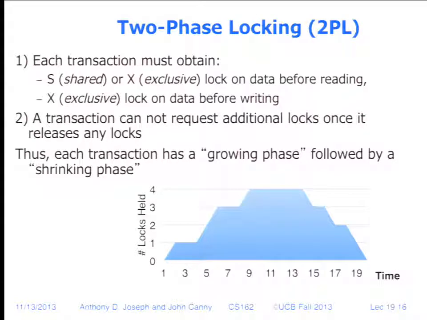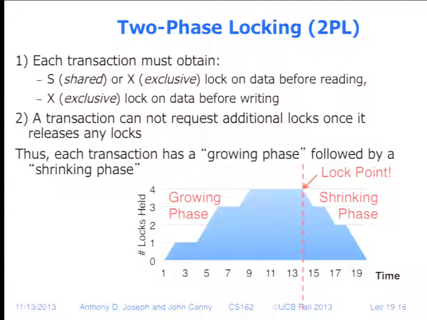It has to be going up for a time. As soon as it goes down, it has to keep going down. You can't acquire any locks once you've started releasing them. Here the acquisition phase is to the left, the growing phase. Then there's a shrinking phase. Normally this point here is called the lock point. It's the point where all of the locks are held right before they're released.